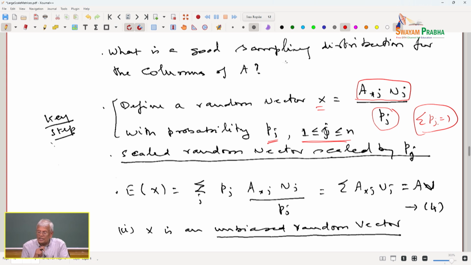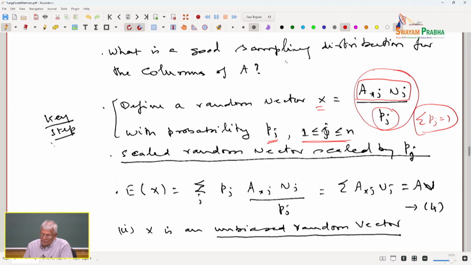I am going to divide that column by pj. Dividing a column by pj, pj is a scalar, is equal to dividing every element of that. Therefore, in my sampling procedure, I am going to pick the scaled version of the jth component of the matrix vector product as a random variable with a value like this with the probability pj.